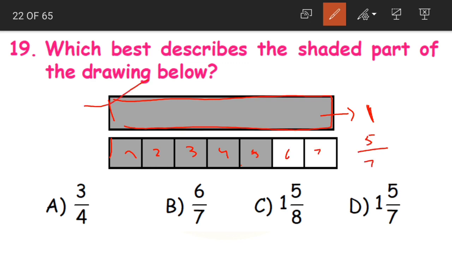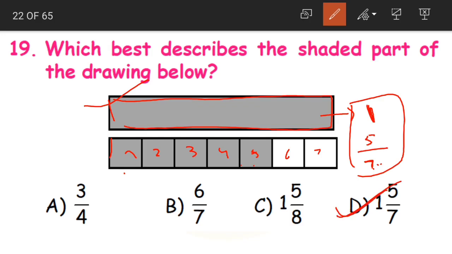See, the first figure is wholly shaded, so 1, and in the second figure we are having only the 5 by 7th part as shaded. Now combinedly 1 5 by 7 becomes our answer here.